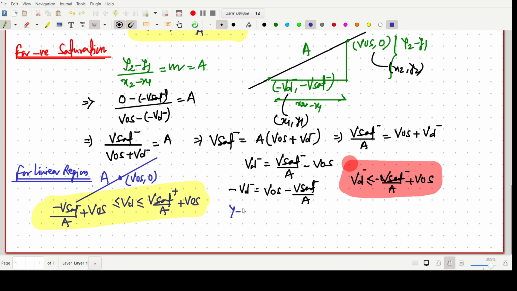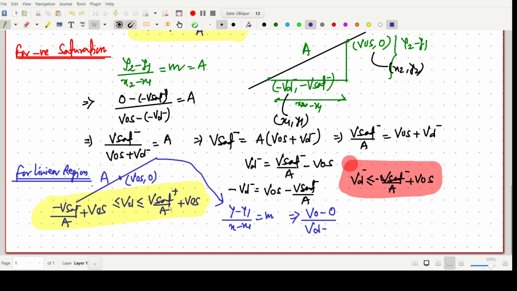we can write it directly. You have to use the slope formula, y minus y1 by x minus x1 equals m. So y is nothing but simply our Vo, and y1 is our 0. X is our Vd.